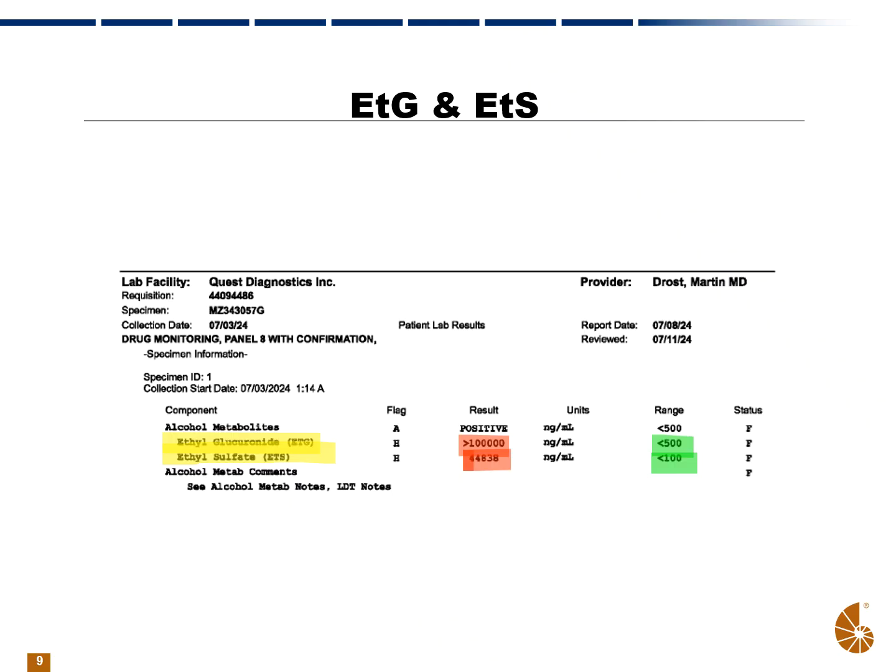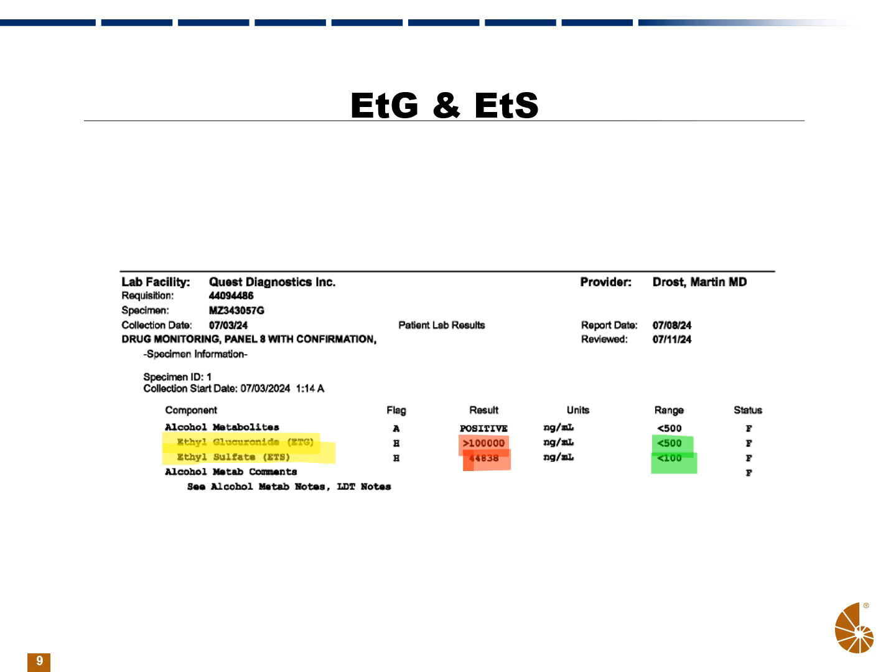So here's a copy of a Quest report, which I found in an APS. And you can note in yellow, I have highlighted the ETG and ETS to the left. I've highlighted in red the levels, which are very high levels. So these are positive tests in this particular instance.